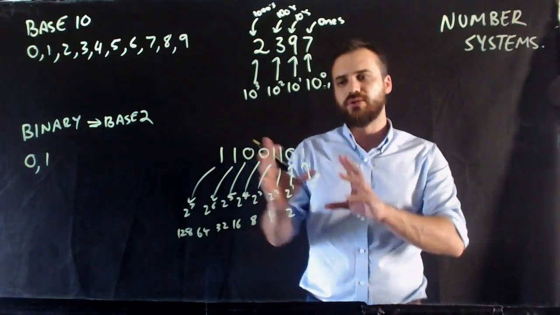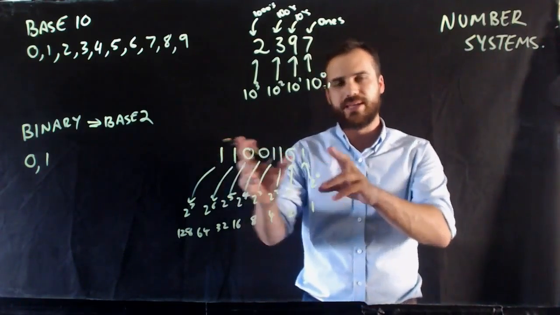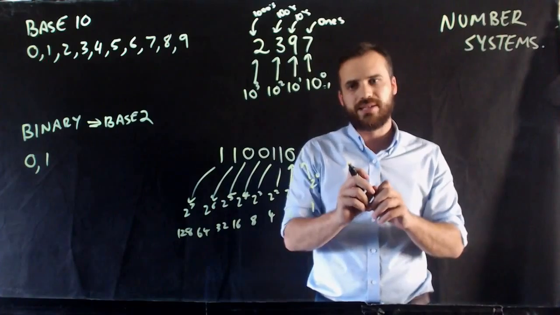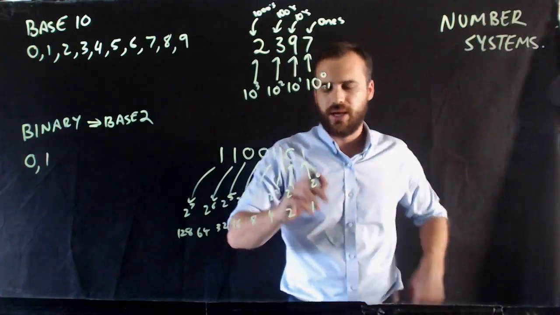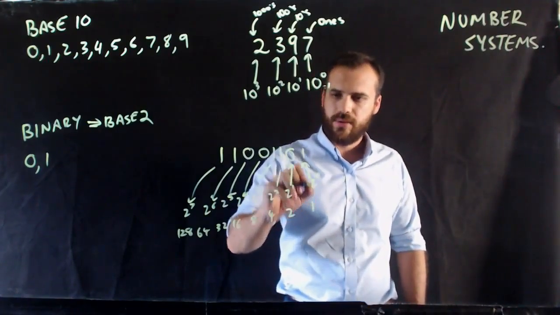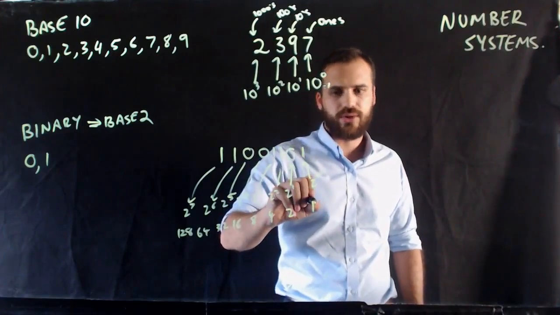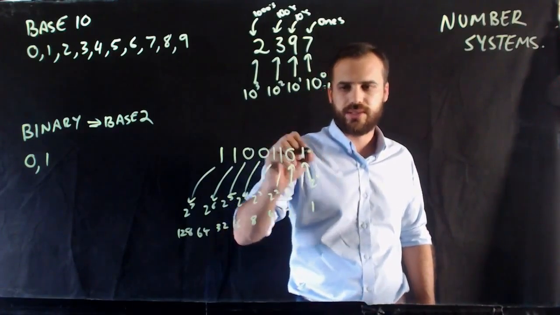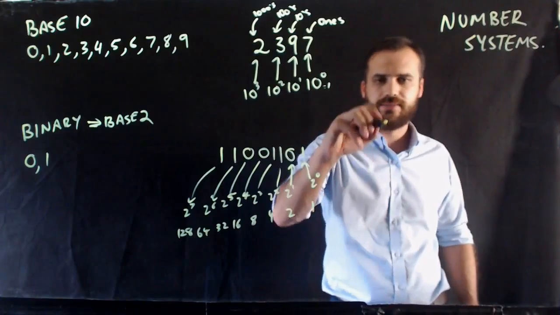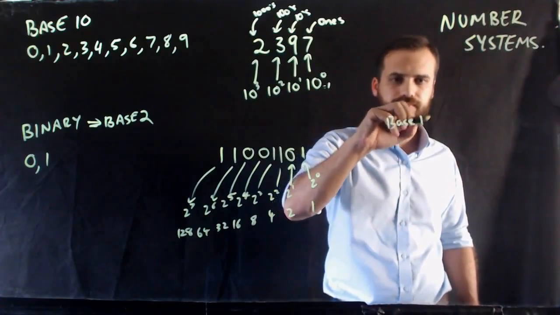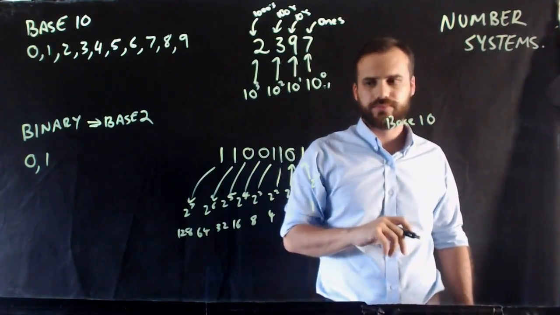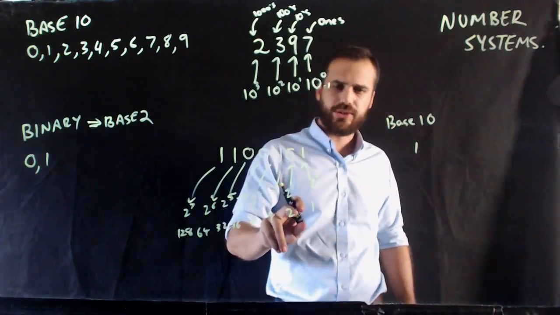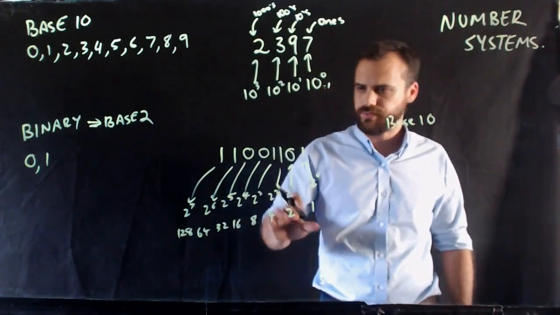And I can now convert this base 2 number into a base 10 number. I can do that by saying, okay, there's a 1 in the ones column, so that's, in base 10, equal to 1. There's a 0 in the 2's column, so there's no 2's.